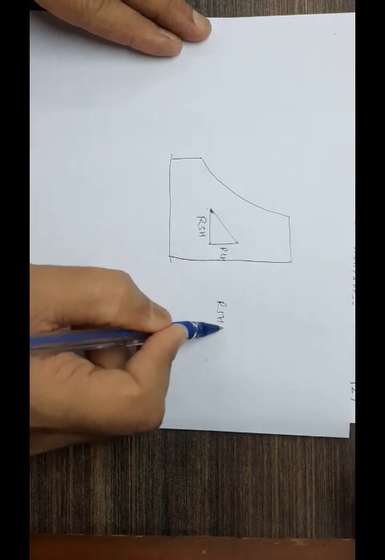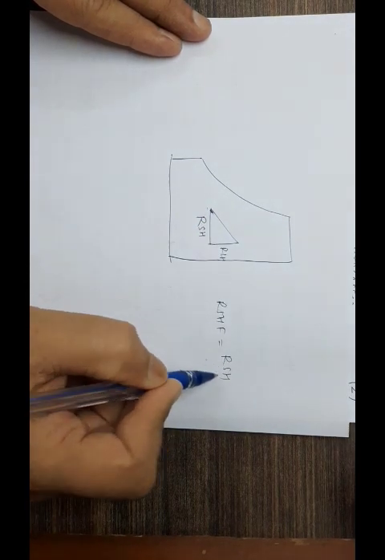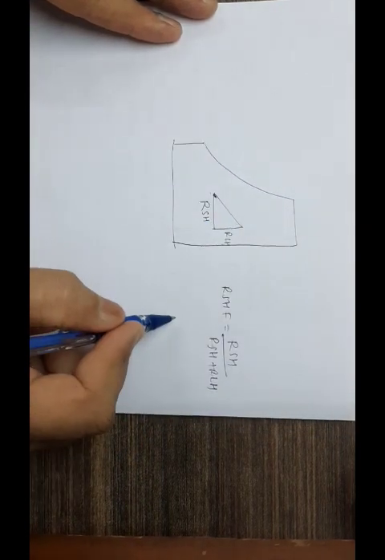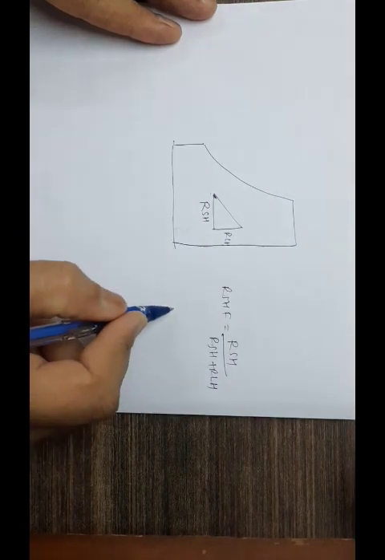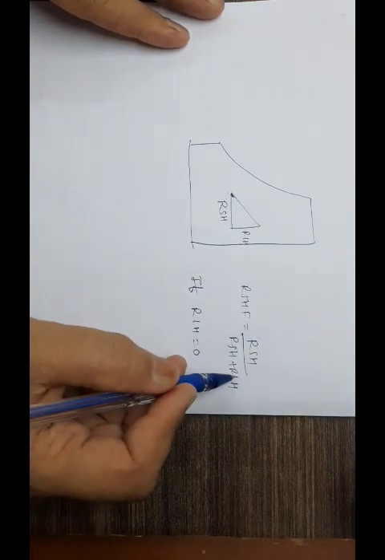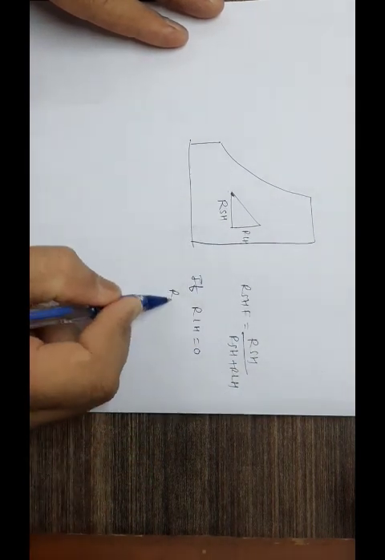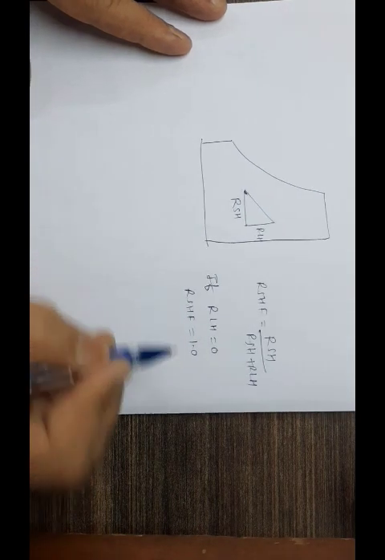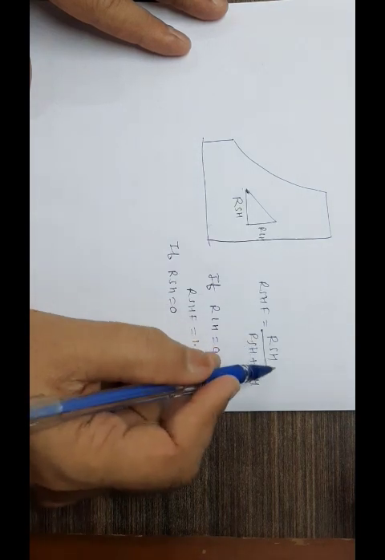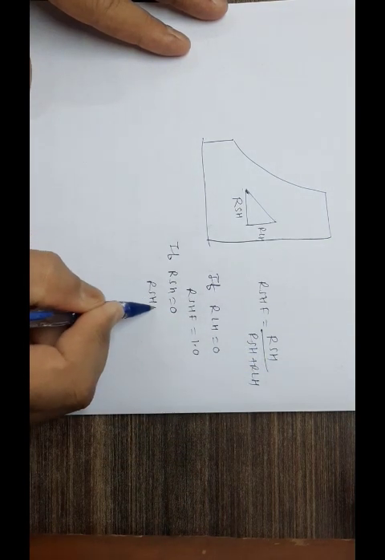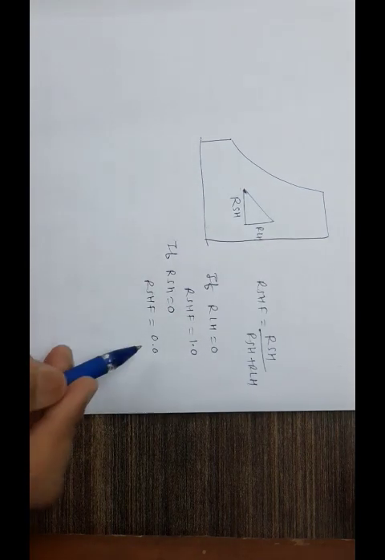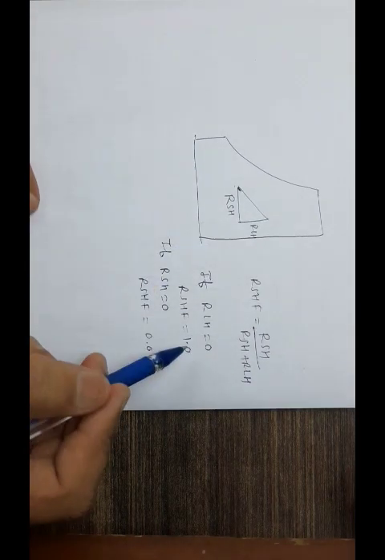Now your RSHF equals room sensible heat upon RSH plus RLH. If RLH becomes 0, then this becomes 0, and RSHF will be equal to 1. And if RSH is equal to 0, that means this is 0, then RSHF will be equal to 0. So the value of your RSHF goes from 0 to 1.